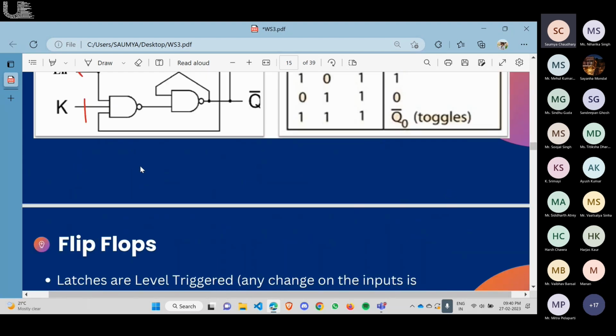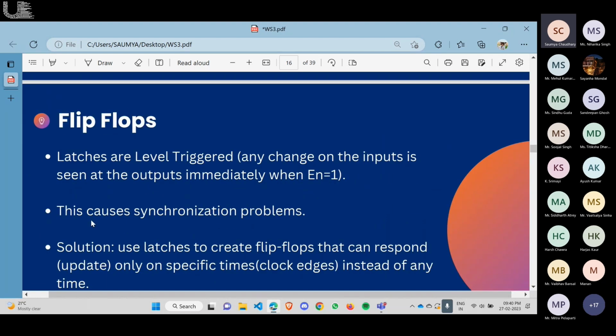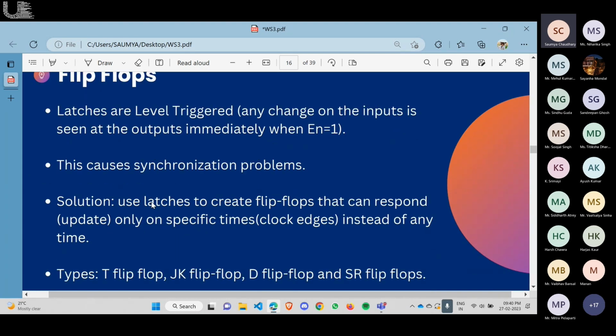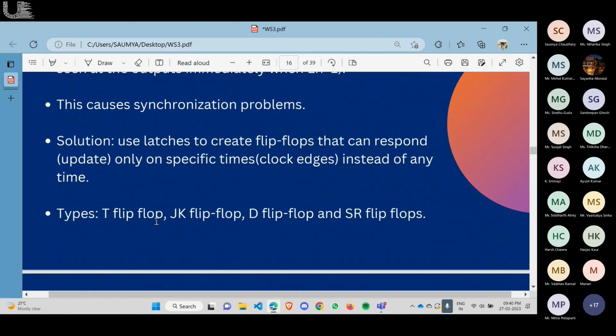There are some problems with the latches: they cause synchronization problems. So we use flip-flops. We have various types of flip-flops: T flip-flop, JK flip-flop, D flip-flop, and SR flip-flop. So we will study about these types of flip-flop.